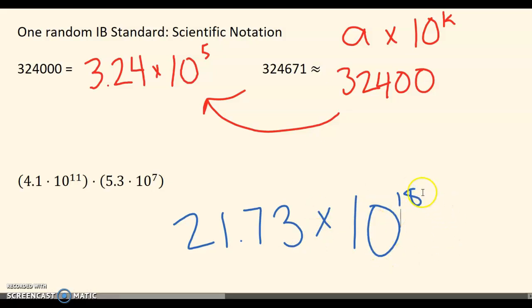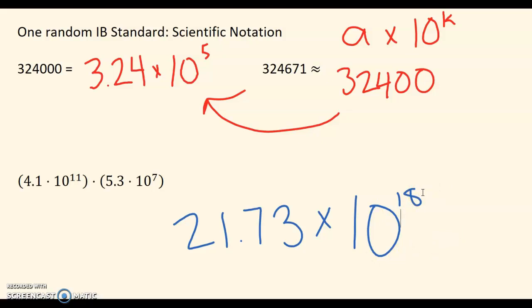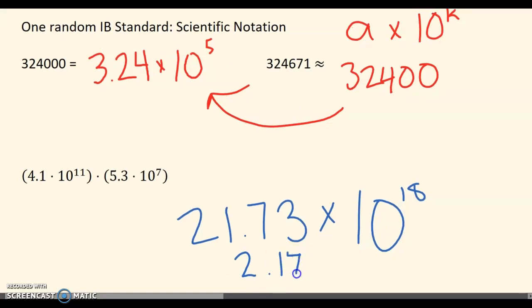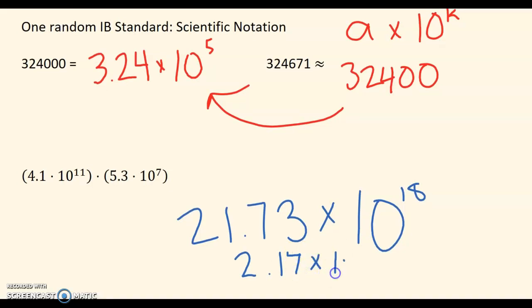But that's too many significant figures, and our decimal isn't in the right spot. We only want 1 digit in front of the decimal point. So this turns into 2.17 because I only want 3 significant figures, and then times 10 to the 19th.